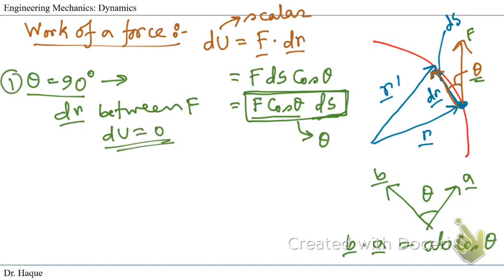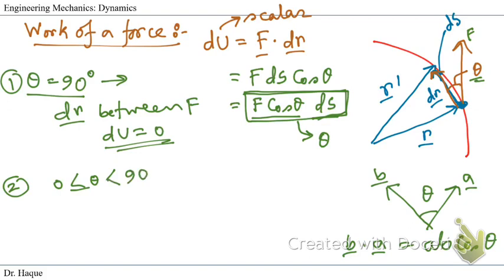This is one scenario. What if theta is greater than or equal to 0 and less than 90?